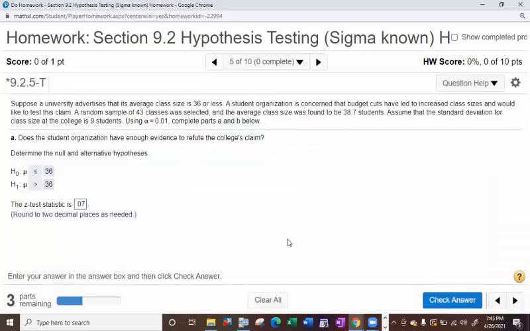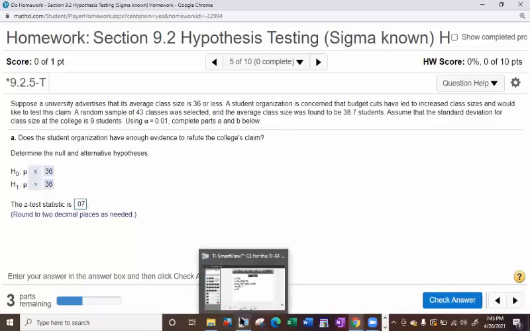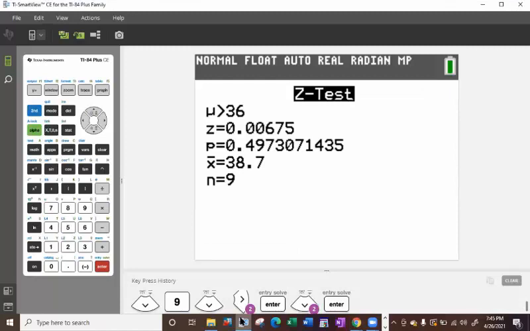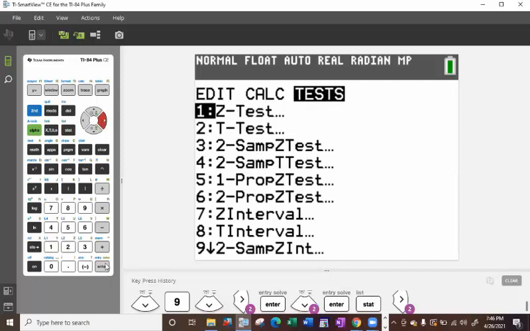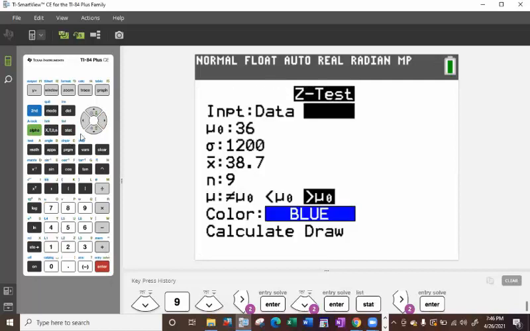All right, I typed something in wrong. N is wrong. Standard deviation is 9. That's what it was.